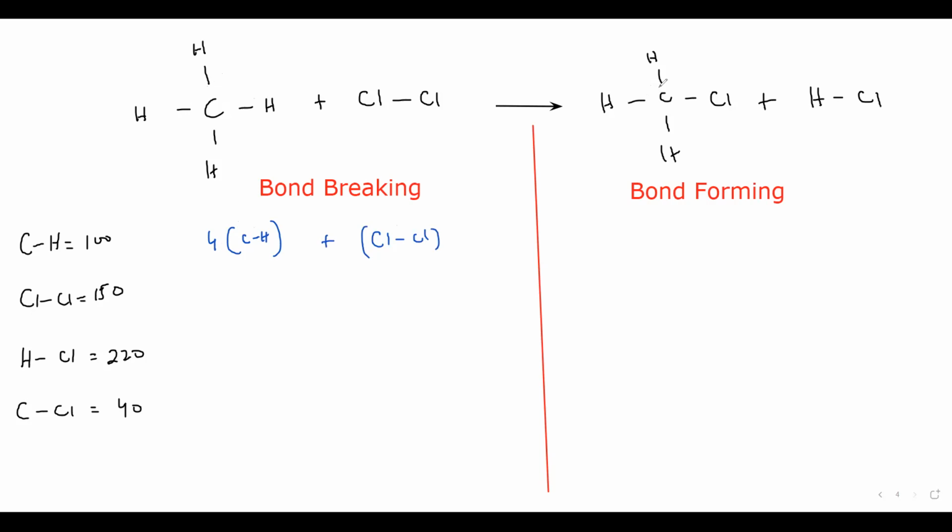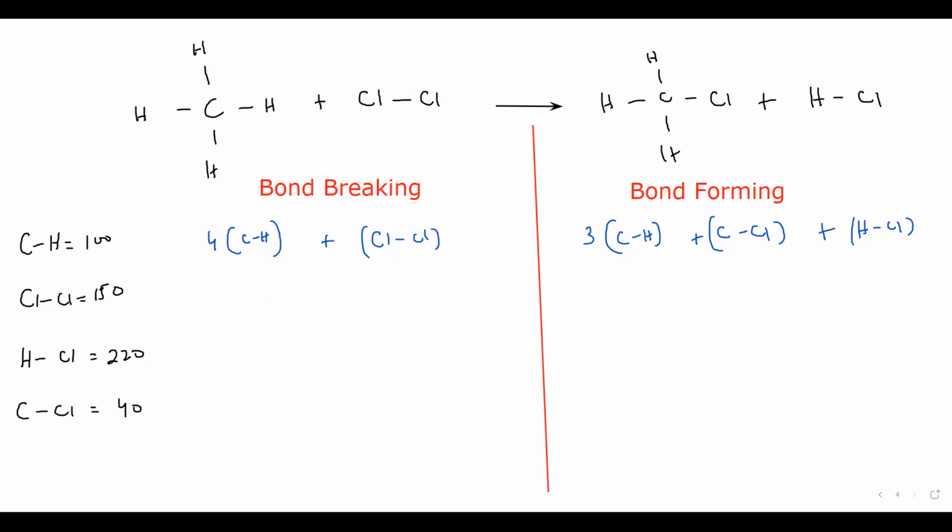On the bond forming side, there are 3 C-H bonds, one C-Cl bond, and one H-Cl bond. Since the bonds are identical, I did not write them 4 times.